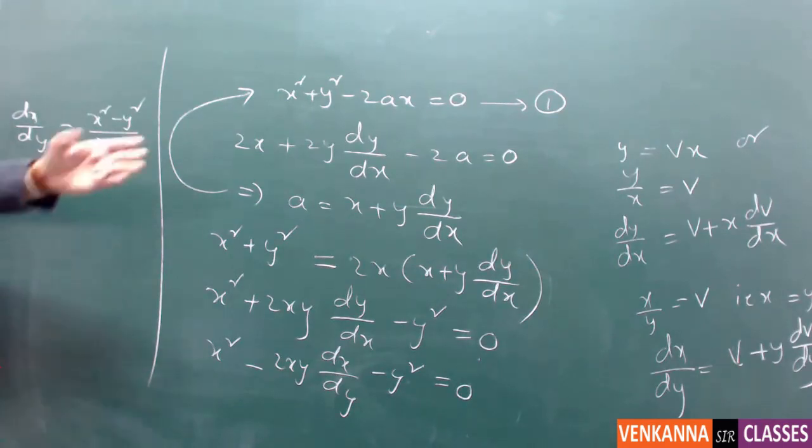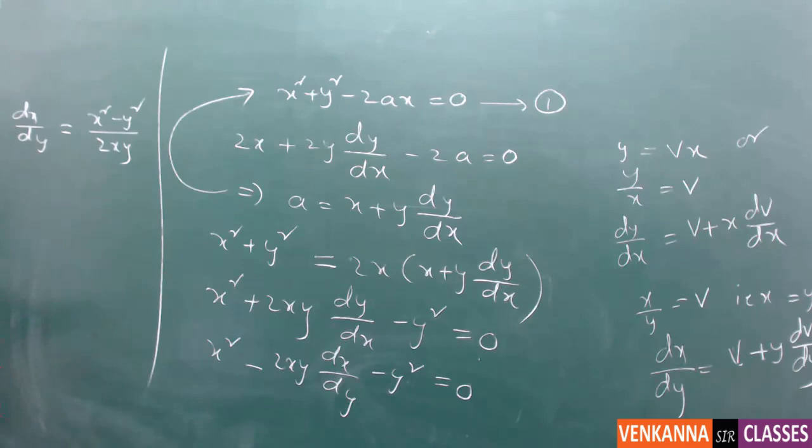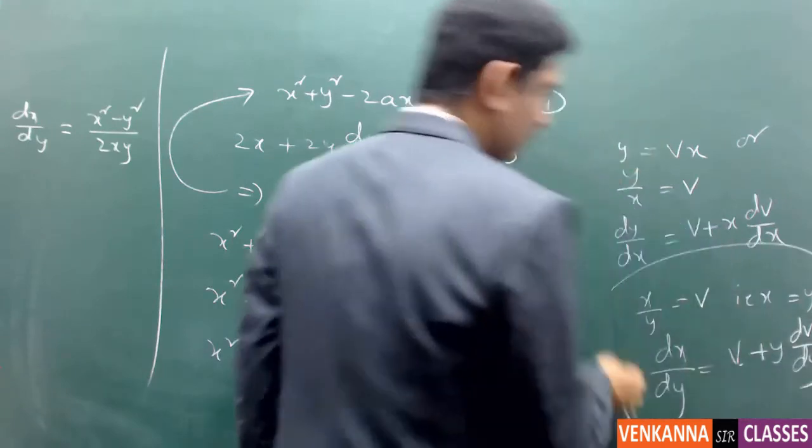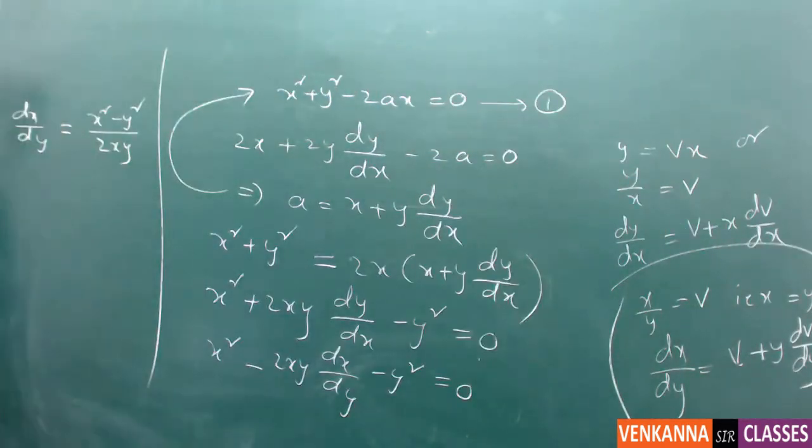So here tell me which one we have to use, y by x or x by y, as far as the equation is concerned. X by y, because here you have the differential dx by dy is equal to something. So we are going to put x is equal to vy, so dx by dy is equal to v plus y into dv by dy. This is what we are going to use here. So let us substitute the values.